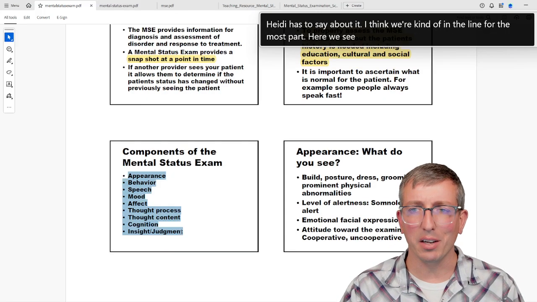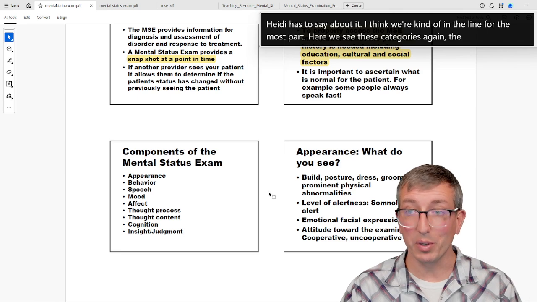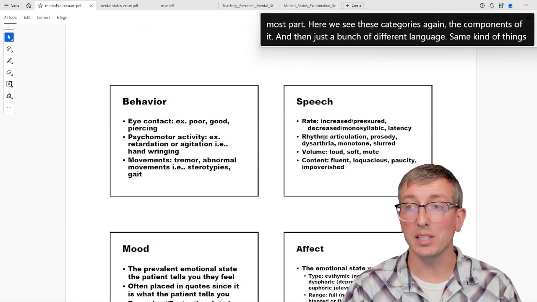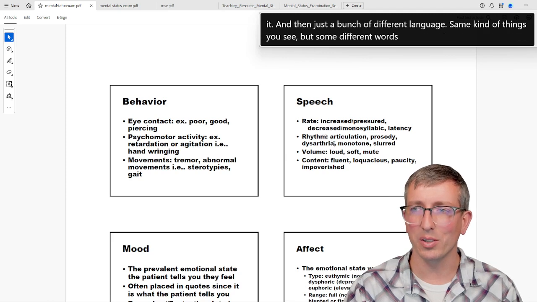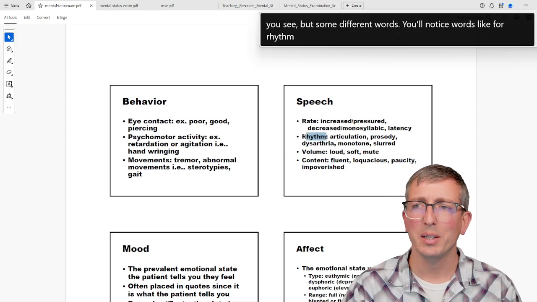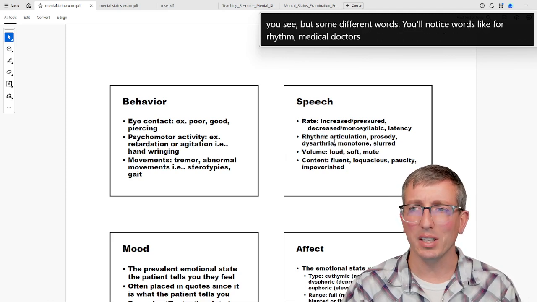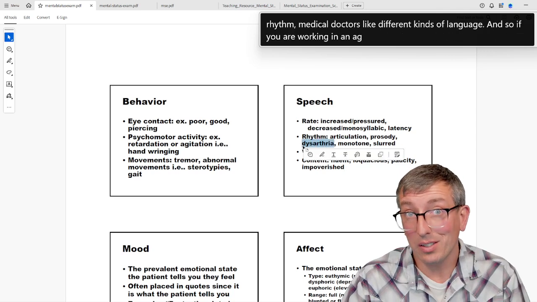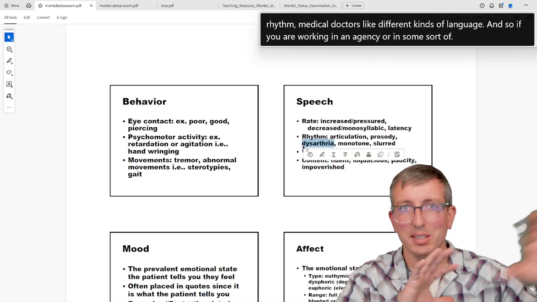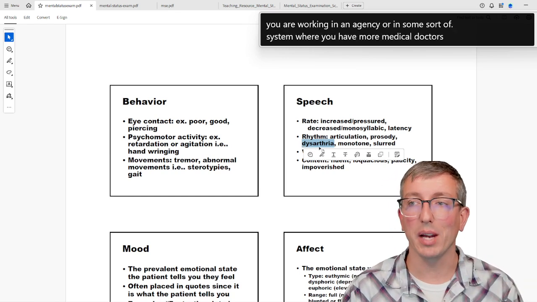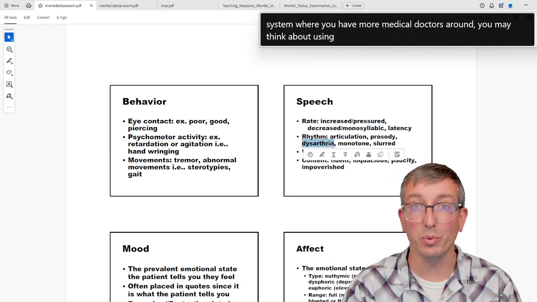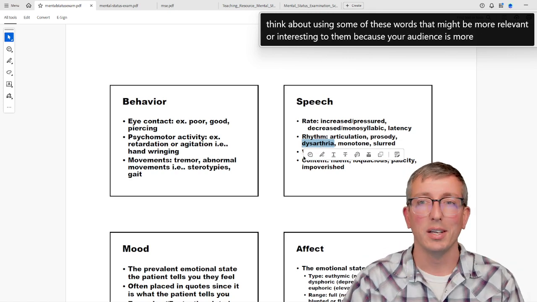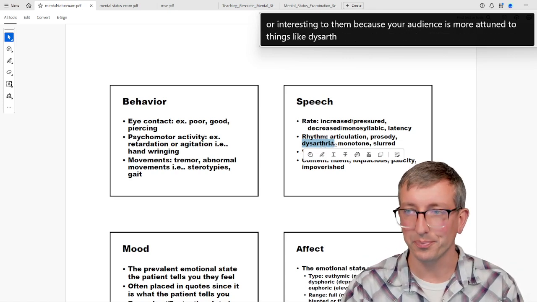Here we see these categories again, the components of it, and then a bunch of different language. Same kind of things you see, but some different words. You'll notice words like rhythm; medical doctors like different kinds of language. So if you are working in an agency or some sort of system where you have more medical doctors around, you may think about using some of these words that might be more relevant or interesting to them, because your audience is more attuned to things like dysarthria.